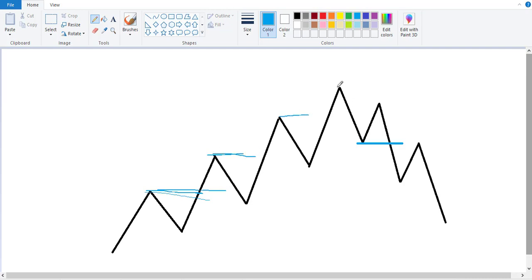If you are not new to this channel, you will know that we are in an uptrend, because we are forming a series of higher highs. Using market structure only, we will be looking at entering the market at this point. We will not be catching this point using market structure only.